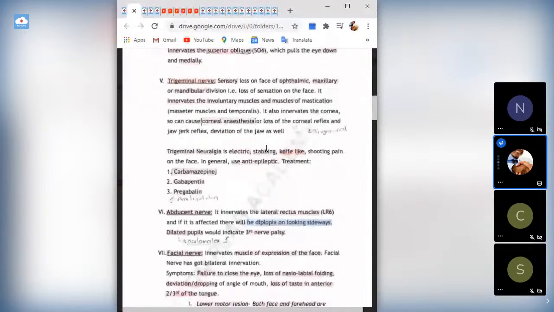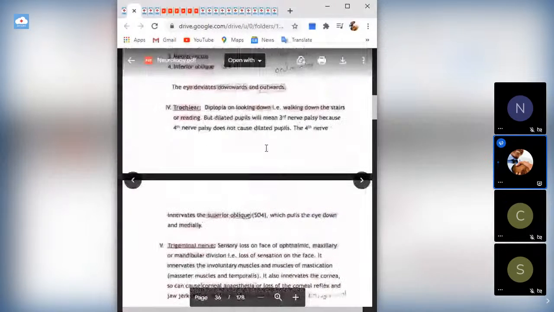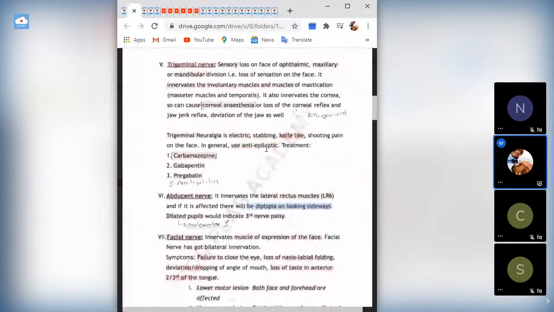Now we'll go into the trigeminal nerve. Now, the trigeminal nerve is essentially sensory. Yesterday I explained why each of the nerves are called what they are called. The trigeminal nerve is called trigeminal because it has three major branches. Trigeminal, three branches.